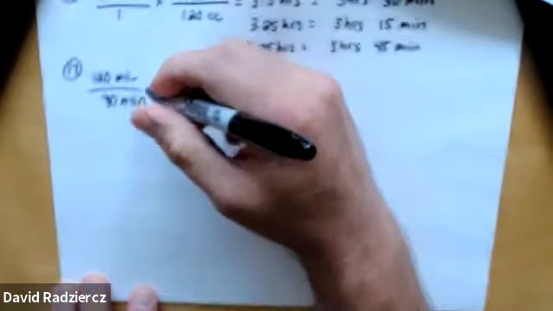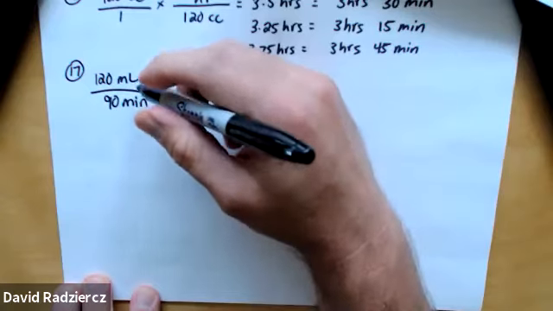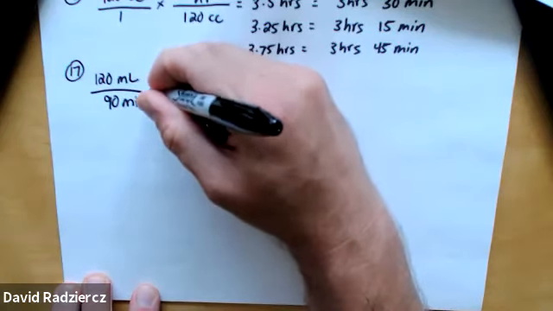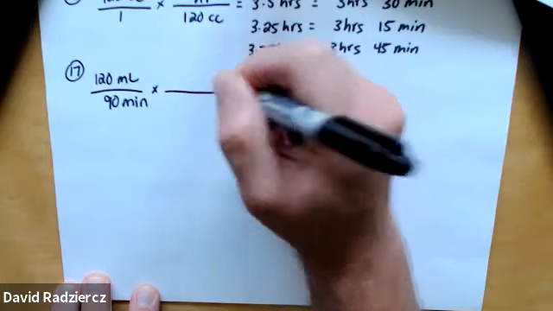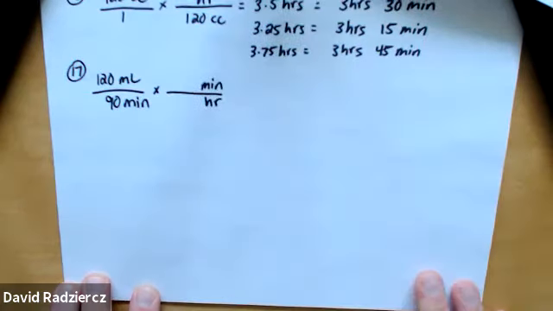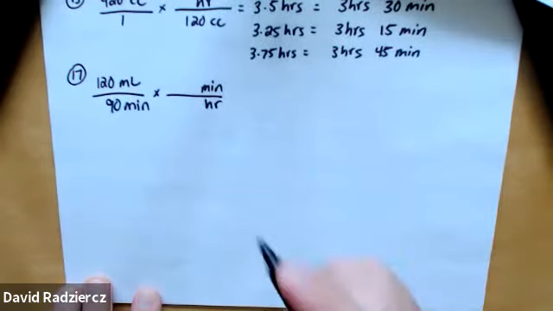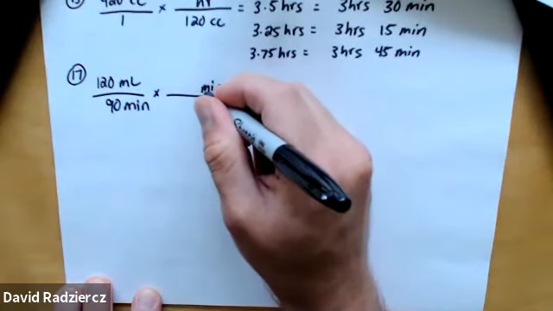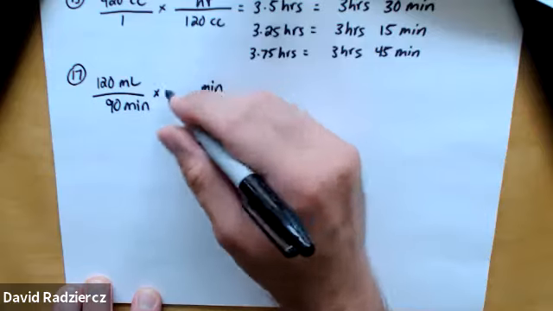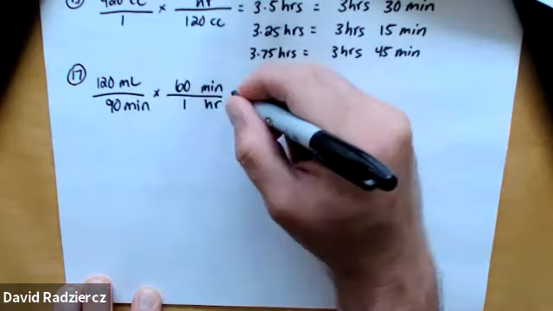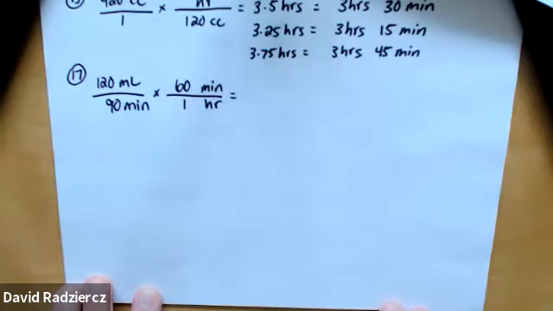We need to calculate flow rate, and we can do this in a couple of different ways. I'm going to show you the dimensional analysis way. This is the surefire way to get it right, because it takes all the guesswork out, unless you obviously don't know how to do dimensional analysis, which can be the case. What I've done here is convert minutes to hours. We know that 60 minutes is 1 hour, and that would give us one answer.